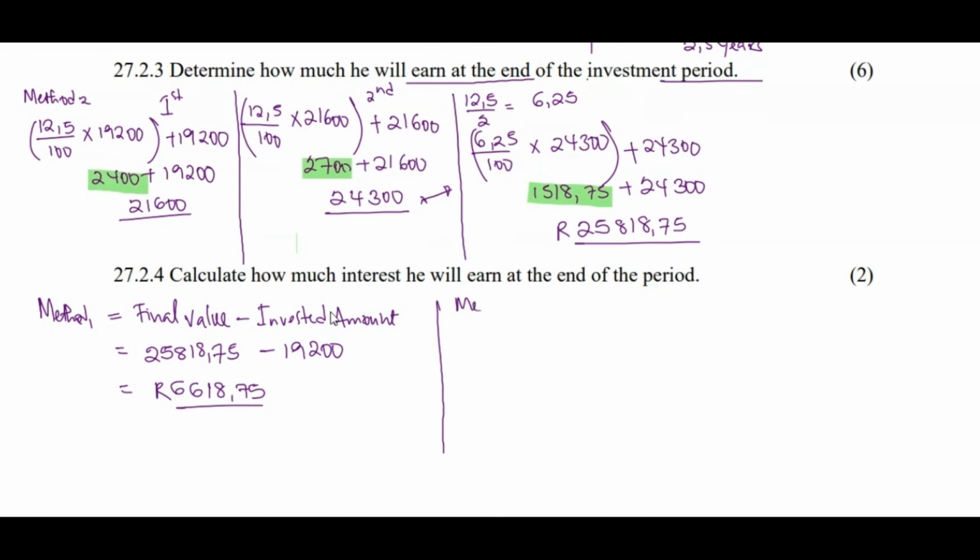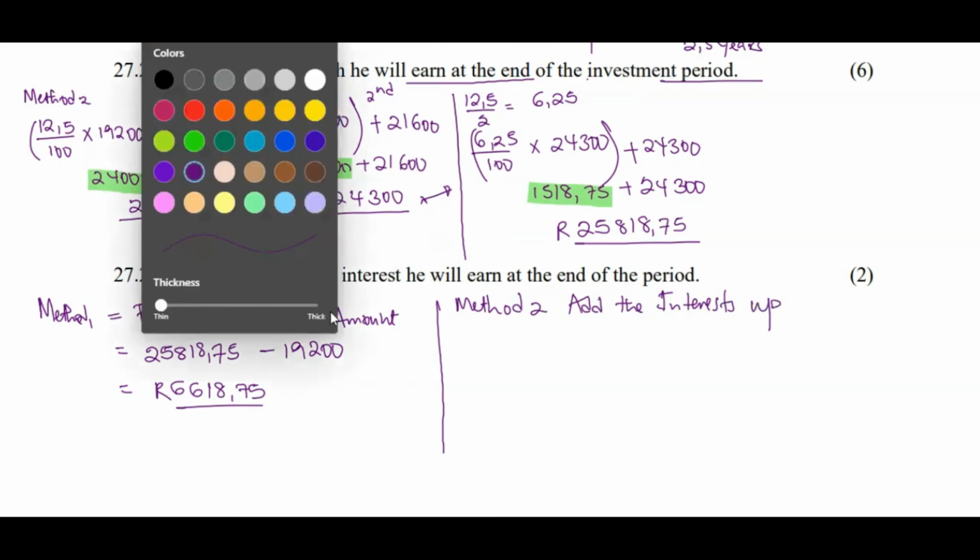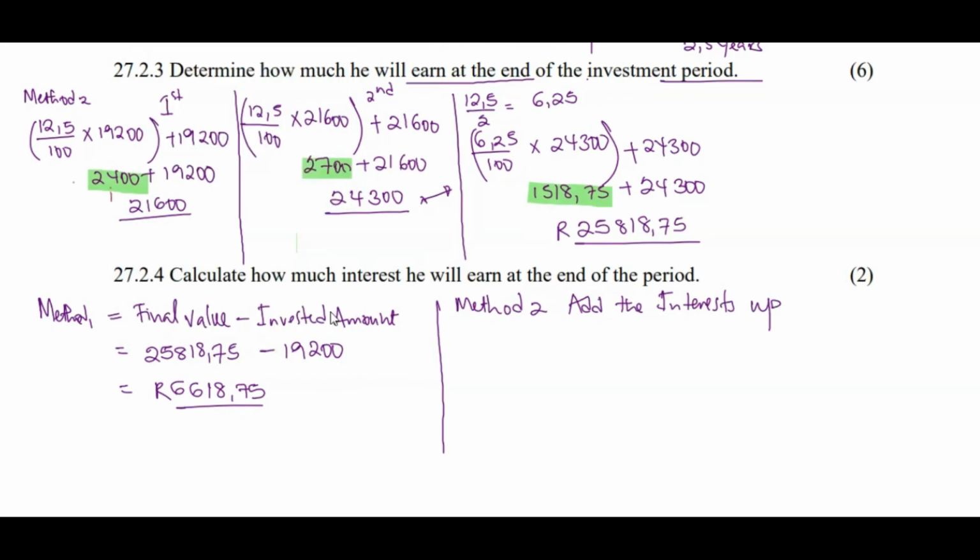Or this is from method 2. Method 2, add the interests up. So the first interest is this one here: 1, 2, 3. So you will come here and say interest 1, 2,400 plus 2,700 plus 1,518 rands 75 cents.